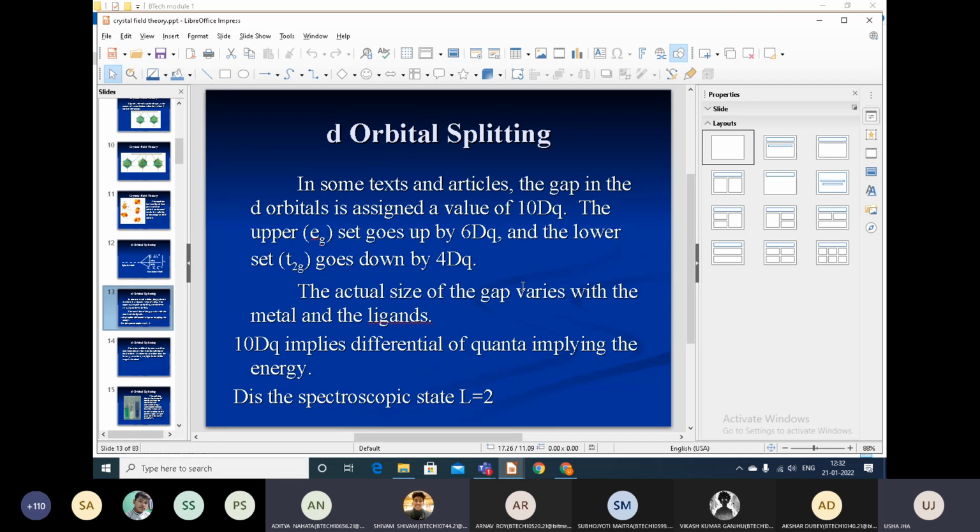A strong ligand will cause a higher amount of splitting between the two sets. So depending upon the type of ligand approaching, the value of delta O changes. 10 dq implies the differential of quanta, implying the energy, and d is a spectroscopic term where L is equal to 2.